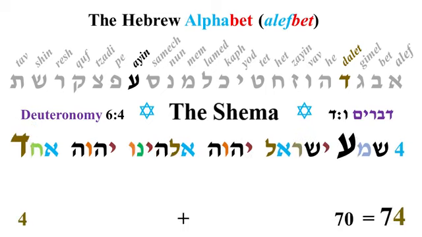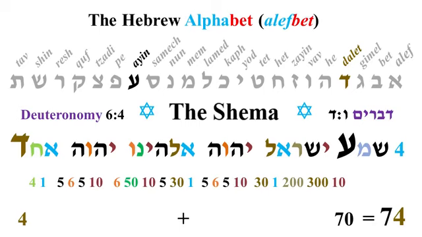If you take the value of those two enlarged letters, the ayin is 70, the dalet is 4, and together they add up to 74. If you add up all the letters' gematria between the ayin and the dalet, all of those add up to 704, which is 70 and 4, the values of ayin and dalet.